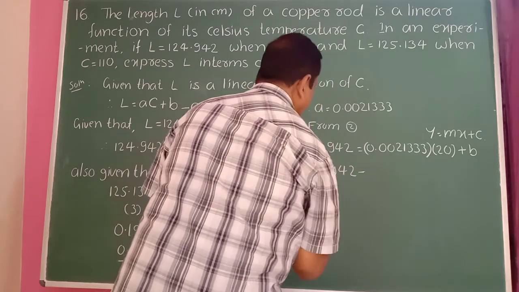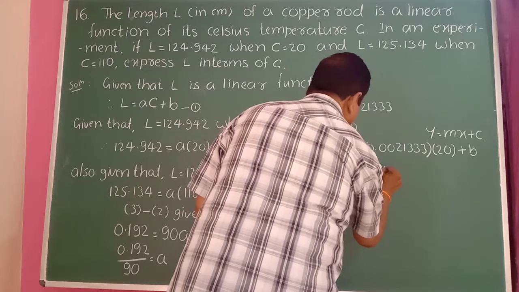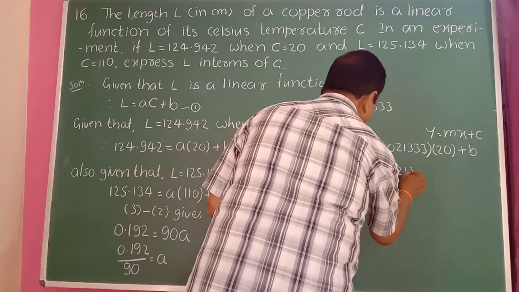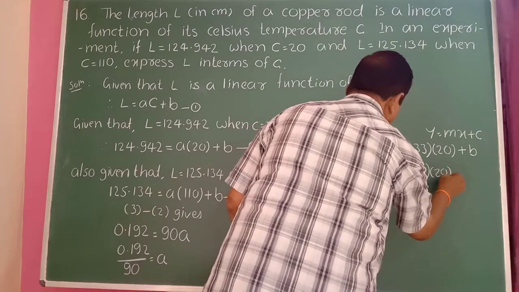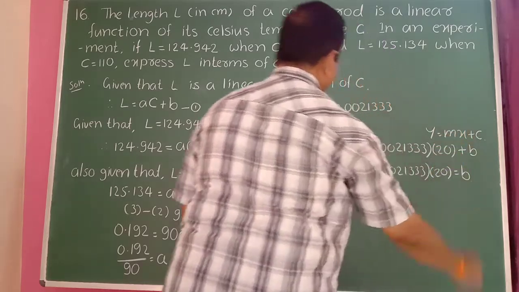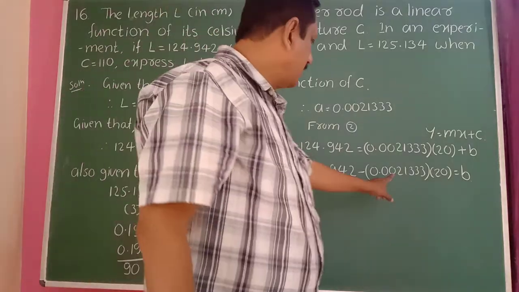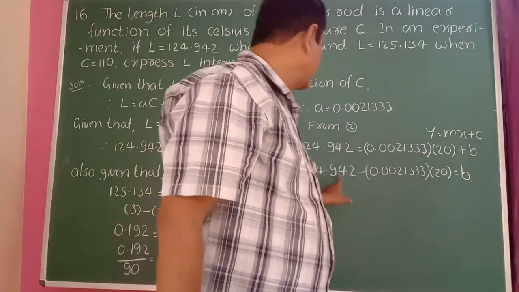So 124.942 minus 0.002133 into 20 is equal to B. Then multiply these two here, and subtract here.